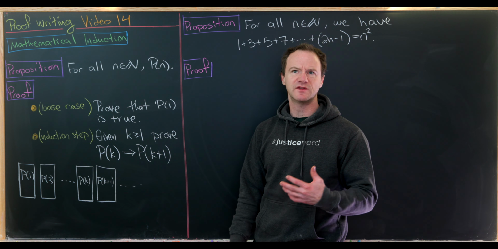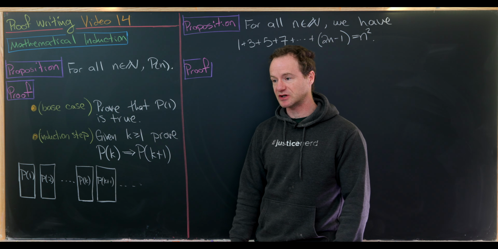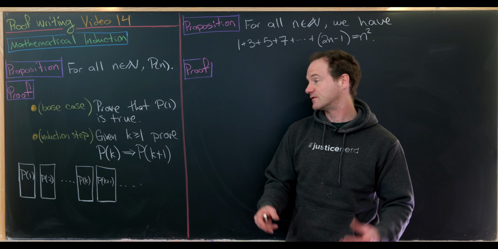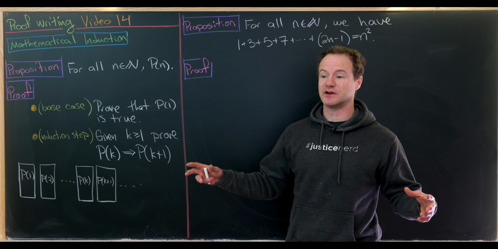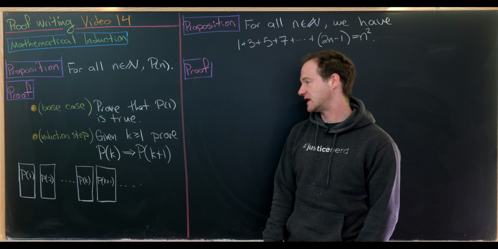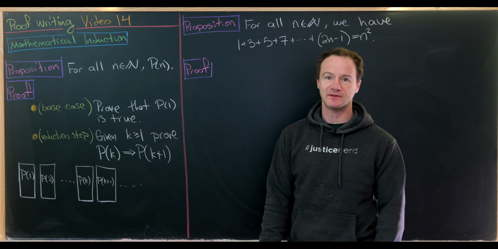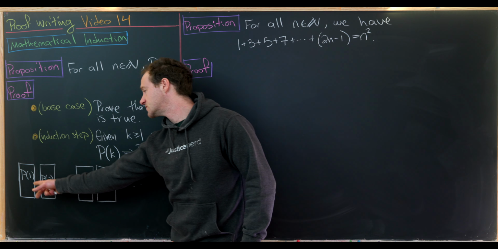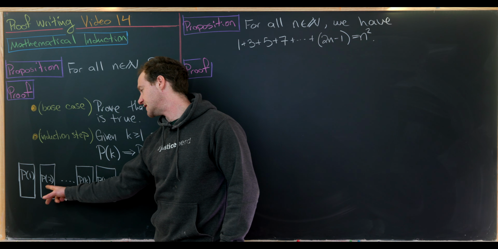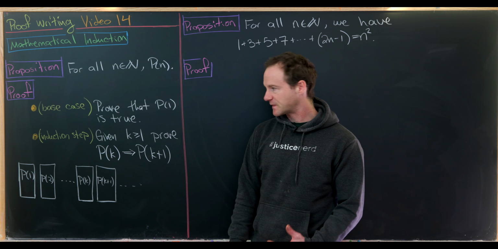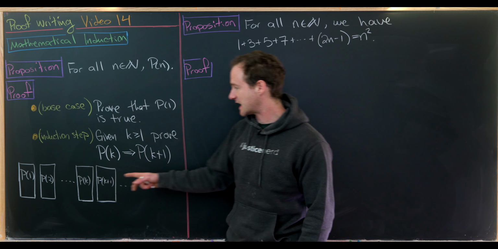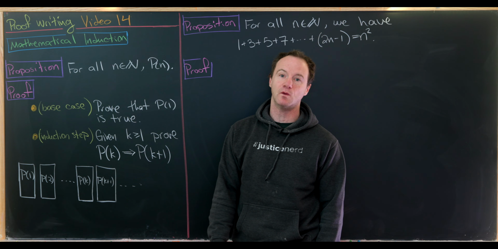Okay, the standard visualization of a proof by induction is with a set of dominoes. Let's say we've got infinitely many dominoes, indexed by the natural numbers, and each of them is attached to a statement. This is the domino P1, P2, P3, and so on. I like to think about the base case as pushing over domino P1.